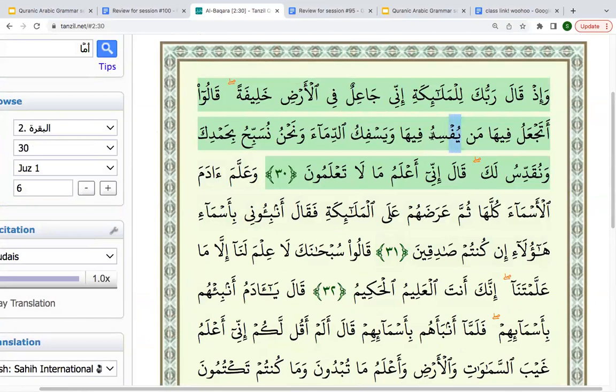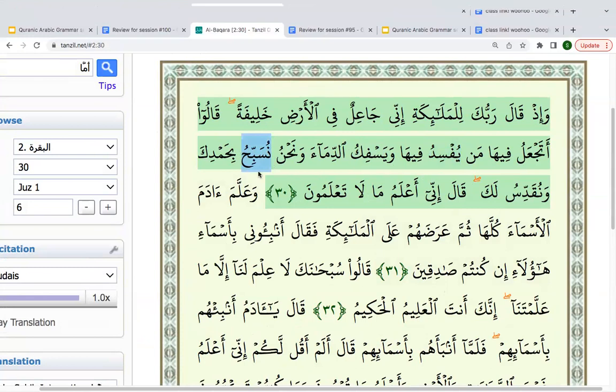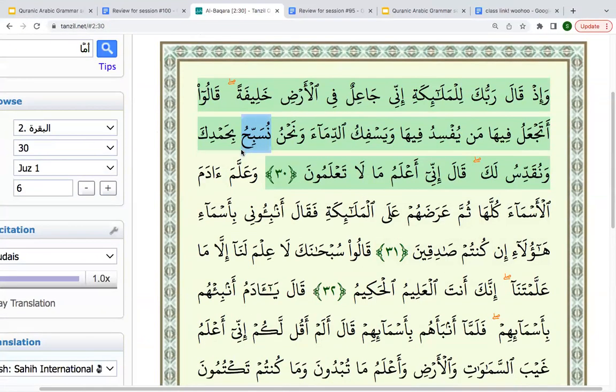Let me just do easy ones, so let's do this one. Yufsidu. This verse has a lot of examples, so be careful and be quick before we end our time. Yufsidu. Family 4, and this is mudari of family 4. Nusabbihu. Mazid fihi, good job.